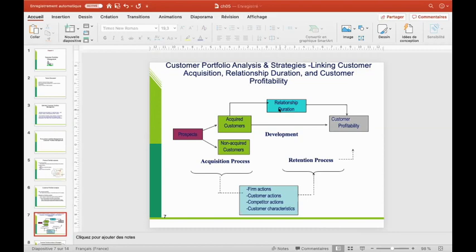And so if you retake the example of the business traveler, if you want to develop customer profitability, it's a customer who has high potential. So you might offer him interesting offers to get upgrades to premium economy or to business class.